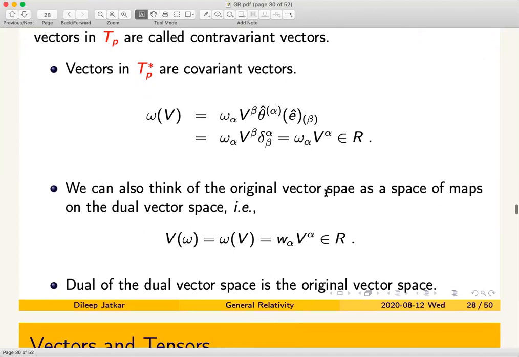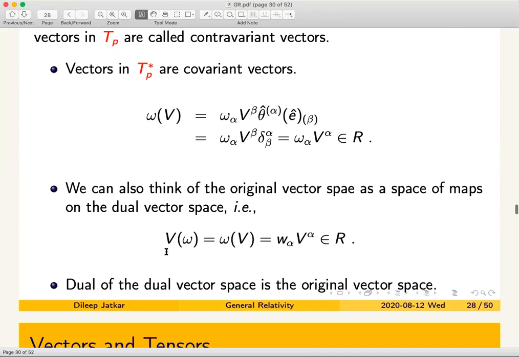Now one could, of course, have an opposite point of view, and think of the original vector space as a space of maps on the dual vector space. There's a typo here, I'll correct that. So instead of writing omega of V, we can write V acting on omega, and this quantity should also give you the same answer.